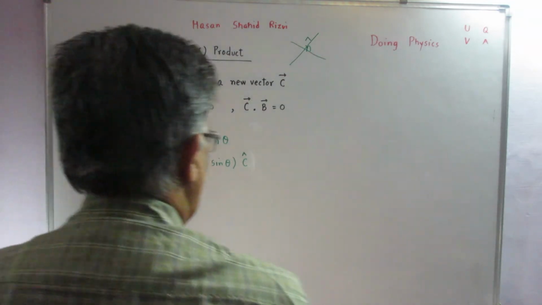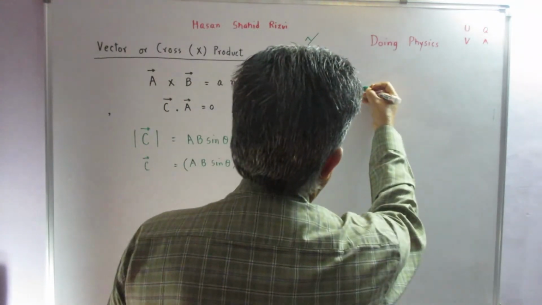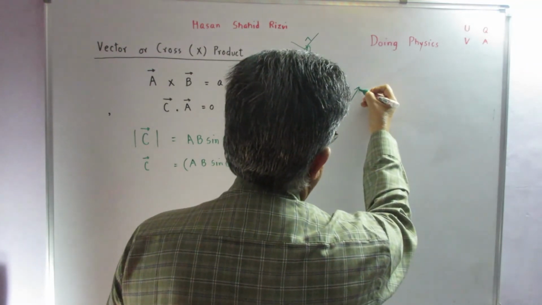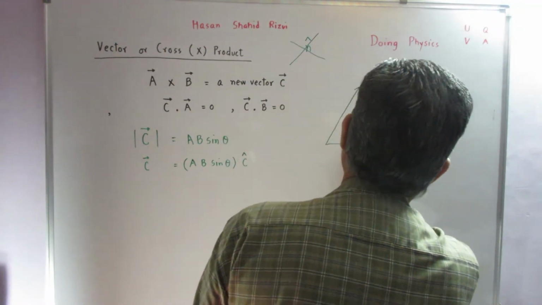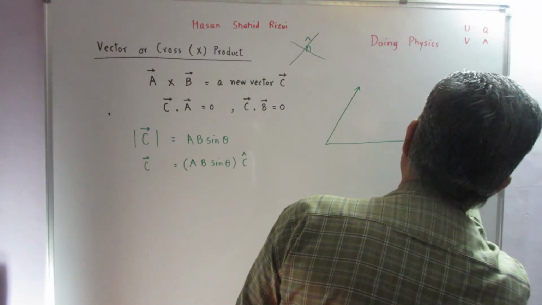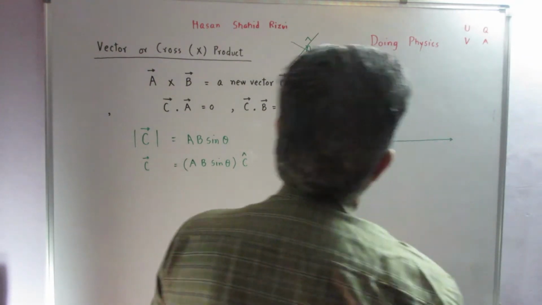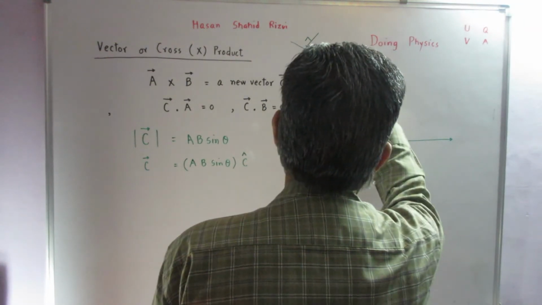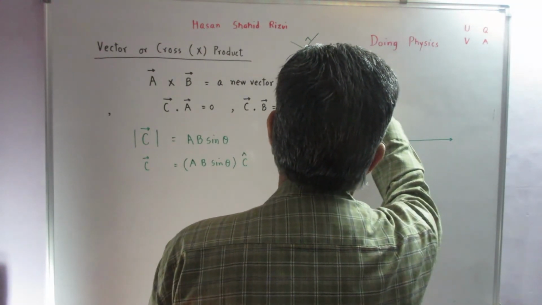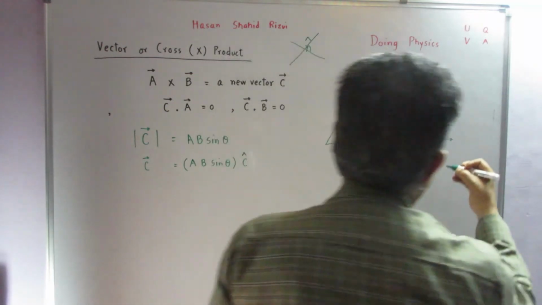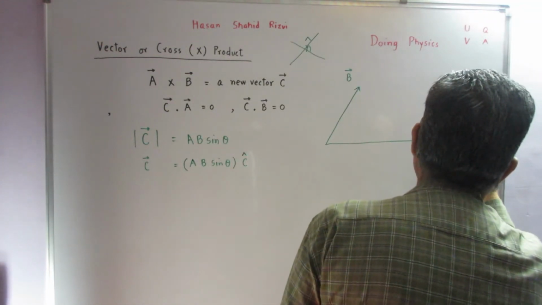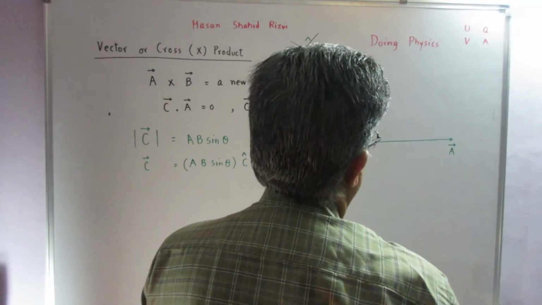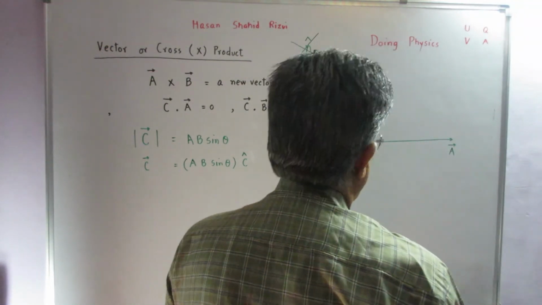So this is my vector B and this is my vector A, in the units of this physical quantity. And what I do is I complete the parallelogram.